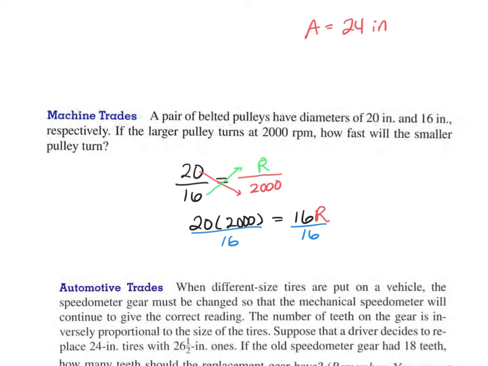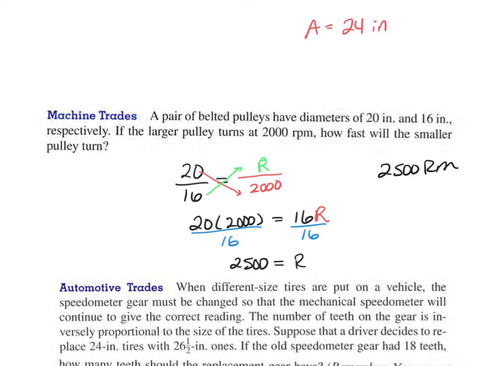And so I get my calculator out. Me and my calculator are not friends today, we should be. I'm gonna do 20 times 2,000 and divide it by 16, and I get my R to be 2,500 is my R. So my units on this is 2,500 RPMs.